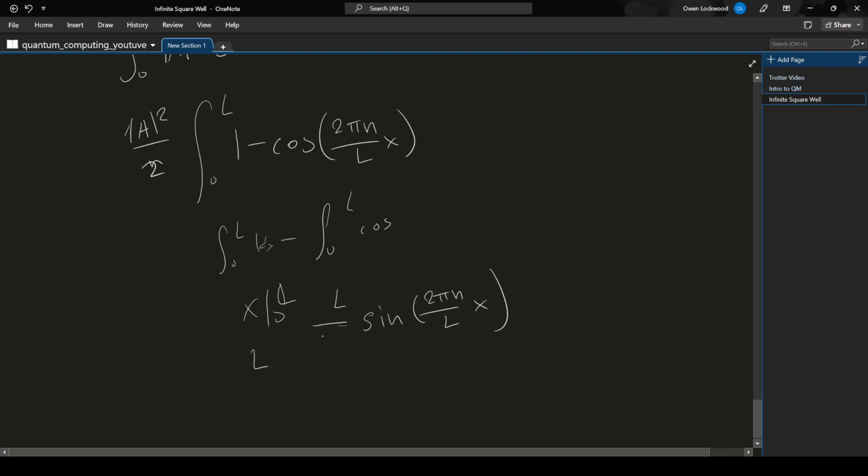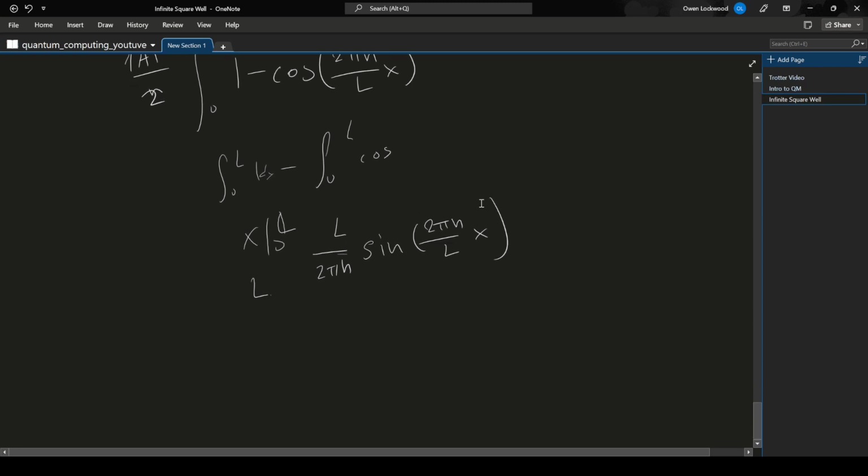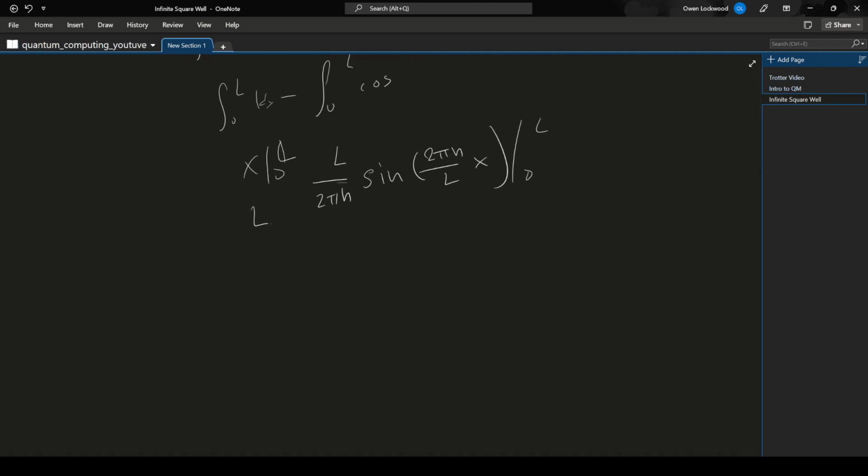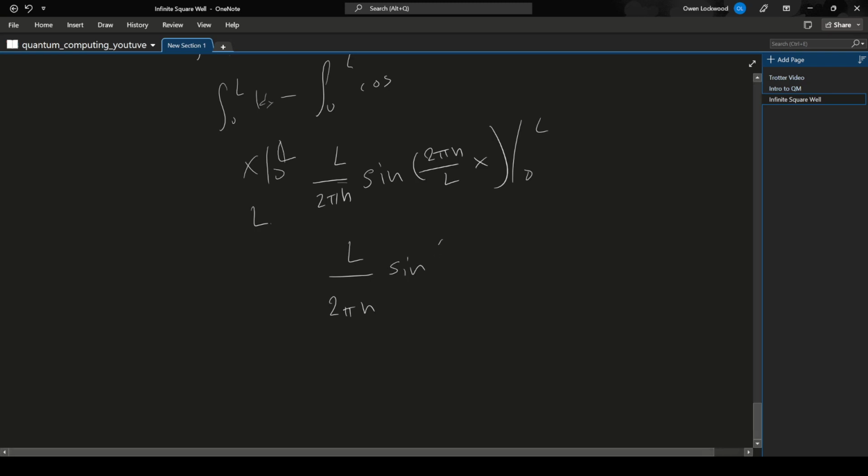So we have L over 2 pi n in front. And then we want to evaluate this from 0 to L, which leaves us with, at 0, this is all 0. At L, we have L over 2 pi n sine of 2 pi n over L squared. 2 pi n, right?